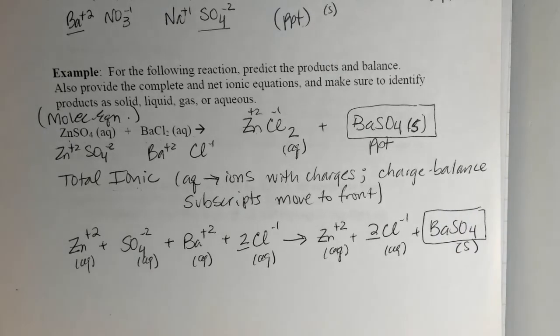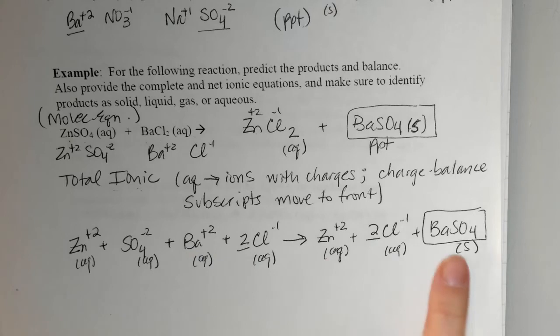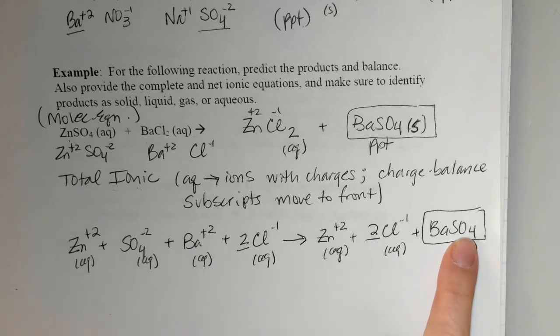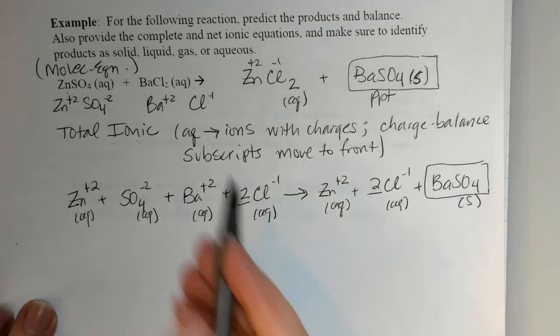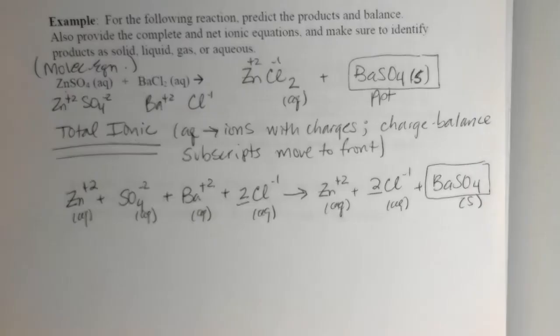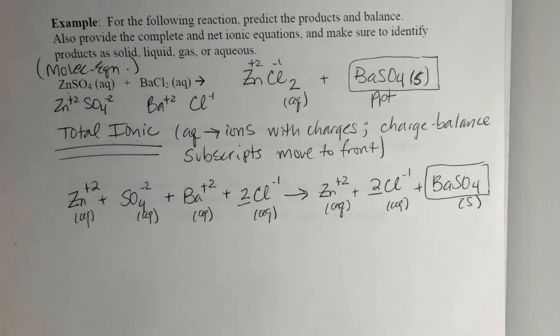You don't break that up because, again, it didn't dissolve. It forms the precipitate. That's the chemical change that we would see, is that these 2 ions find each other and they make a compound that forms. That's the new matter that's formed. So that right there, that's the total ionic equation. Total, everything is there, but we've focused on the ions that are present because really that's more accurate.